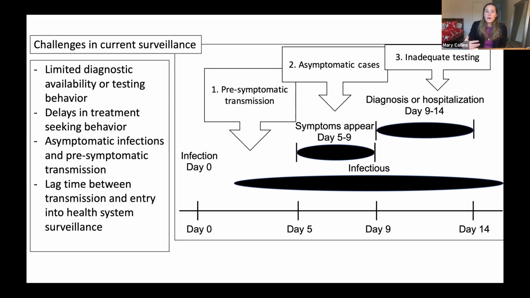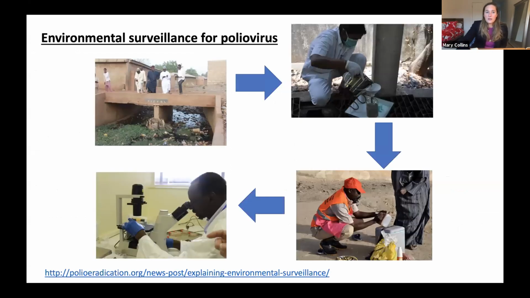And so our thought was to start identifying potential upstream transmission by conducting systematic wastewater analysis to both identify and quantify SARS-2 RNA as an early warning contribution to the surveillance system for the disease. This is not a new tactic.